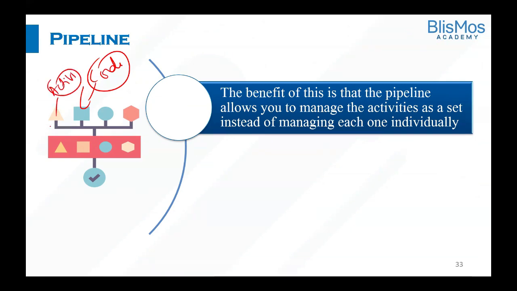Activity can be a transformation or enrichment or collecting the data or connecting to the data source, any one of these. If we don't have the pipeline, it is difficult for us to manage each of the activity individually. So when we are in a data project, you have to connect and collect, you have to transform and enrich, you have to publish, you have to monitor. And also within connecting and collecting, it is not one connection, right?